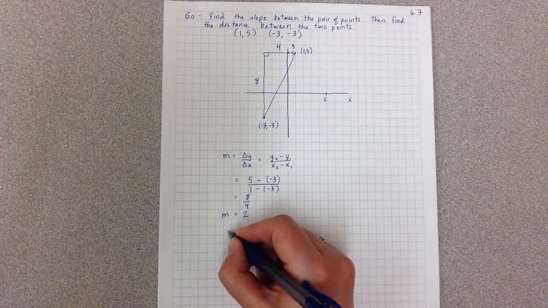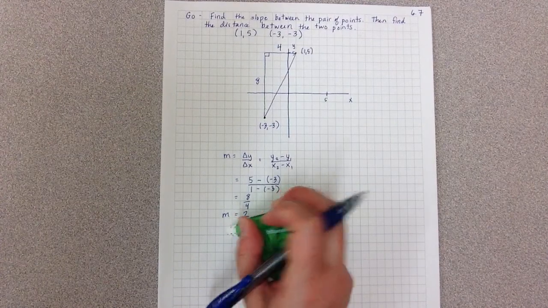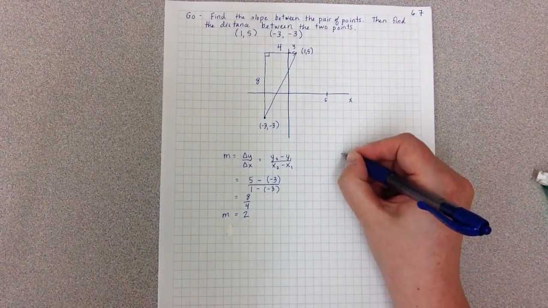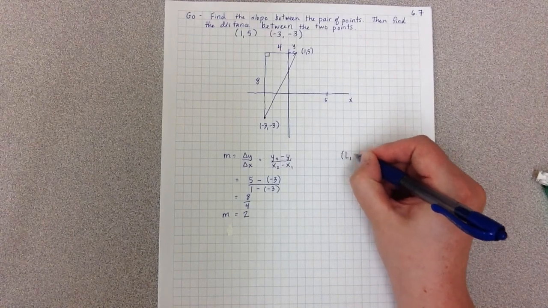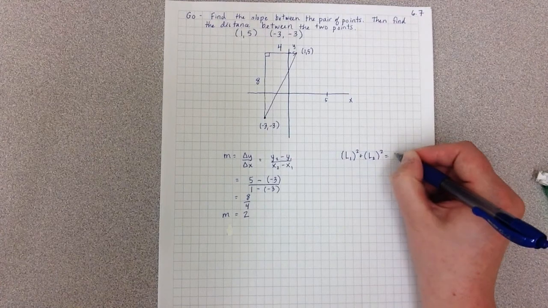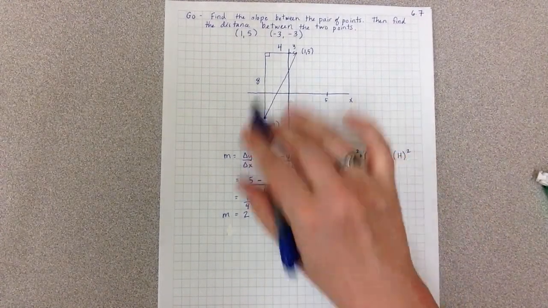So to find the distance, we know that the distance is the Pythagorean theorem. So we have leg 1 squared plus leg 2 squared equals hypotenuse squared. In this case, we're given the 2 legs.